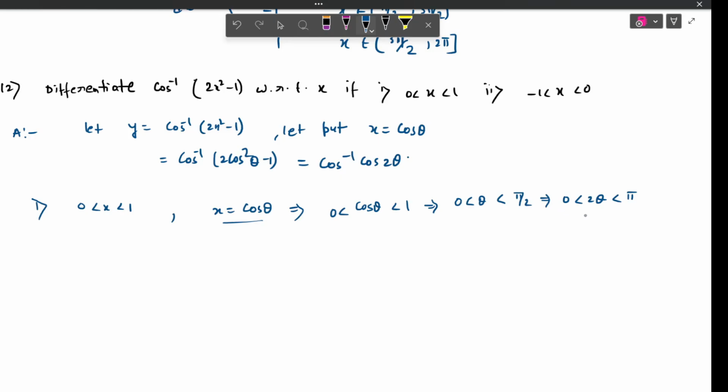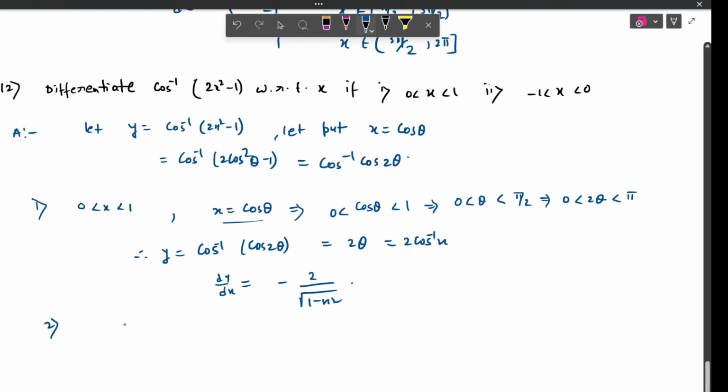So you can clearly say y equals cos inverse cos of 2 theta, so it will be 2 theta. That means 2 cos inverse x. Now, what is the differentiation? dy by dx is twice the differentiation of cos inverse x, that is minus 2 by root under 1 minus x square.